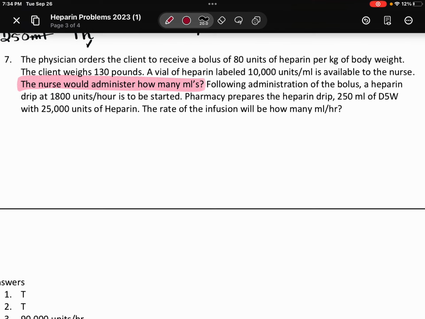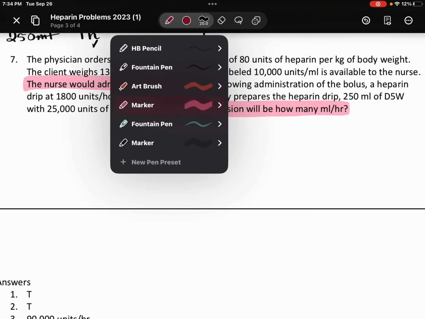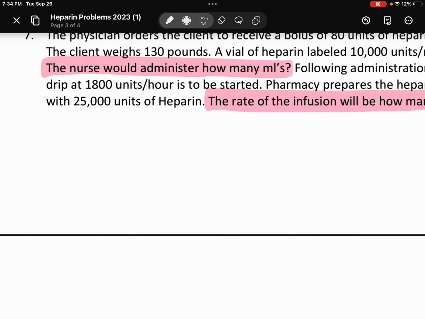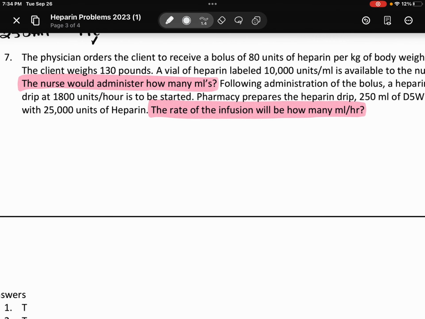Okay. So there's pretty much two questions in this whole problem. So we're just going to do one at a time. So we're going to start with the top one here. The nurse would administer how many milliliters? Okay, well we're going to find that out. So I just need to know how many milliliters this nurse is going to administer.